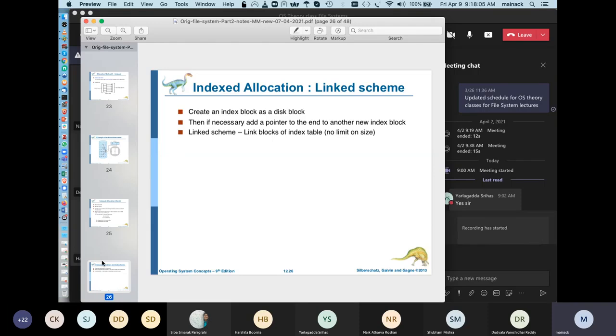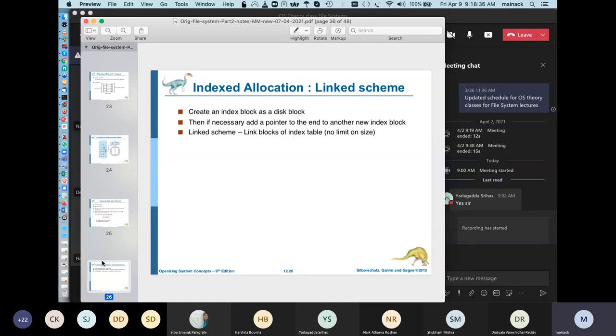If it is too big, then you are wasting space, because each file will have to have an index table. Extremely hard, because a lot of space will just go away, because you need to store an index table on the disk. On the other hand, if it is too small, then you need to have a multiple block index table, or you need to constrain the size of the file too much, which is problematic.